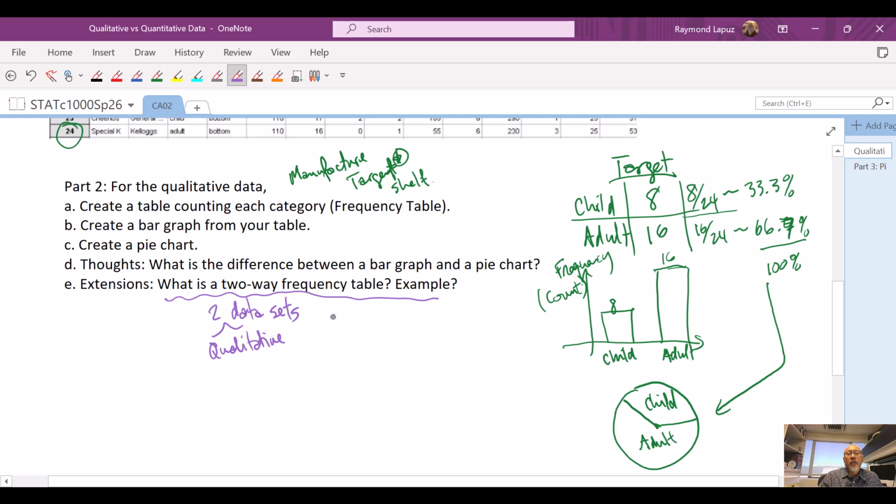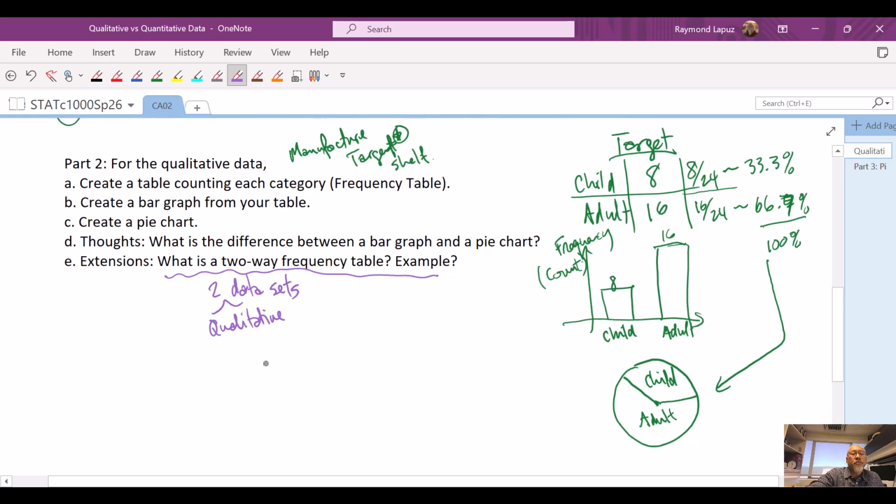So we could take a look at, for example, a child and the adult, like we did over here when we were just looking at the target.